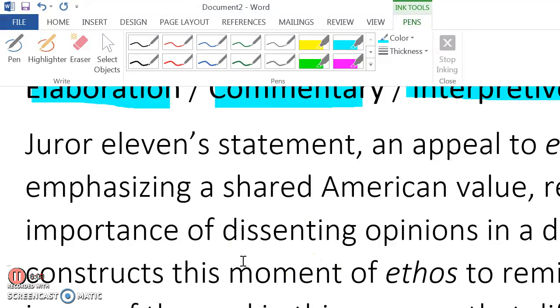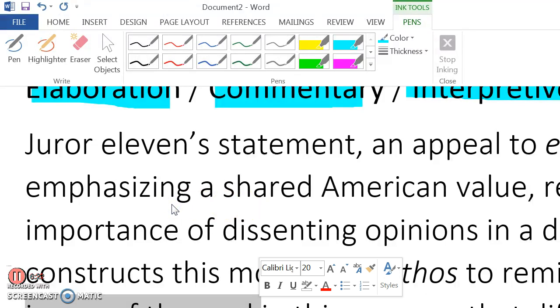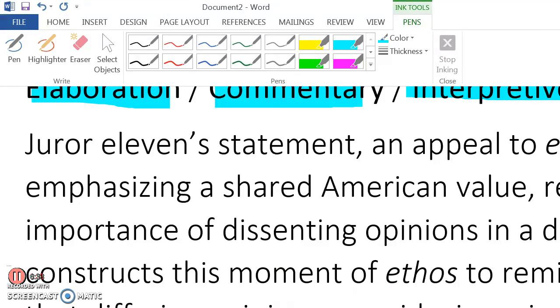What did you say, Jude? Remind jurors of their responsibility in this process.